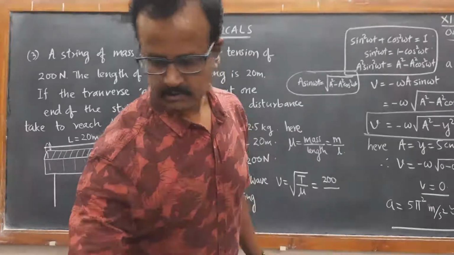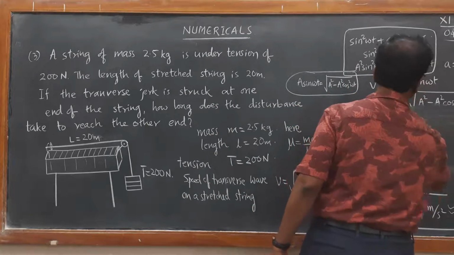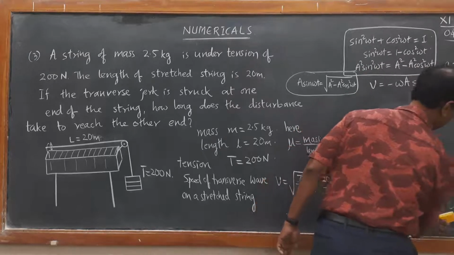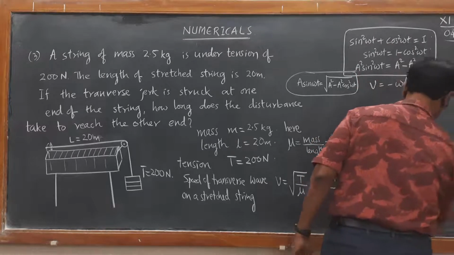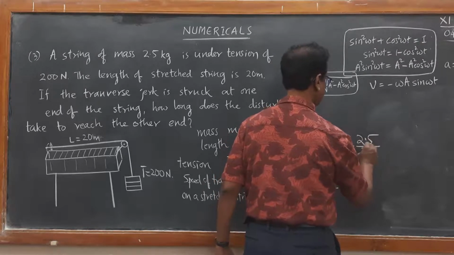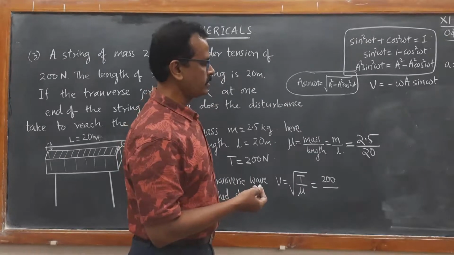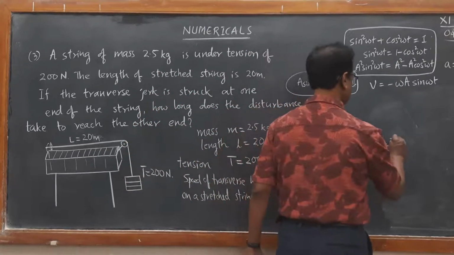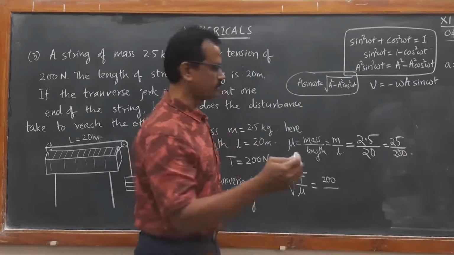So mu is 2.5 divided by 20 meter, which becomes 25 divided by 200. 25 divided by 200 is as good as 1 by 8.